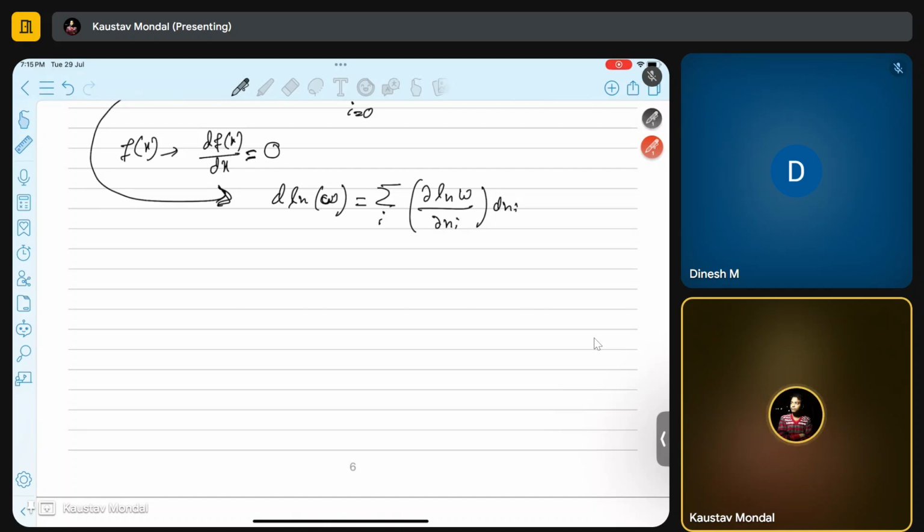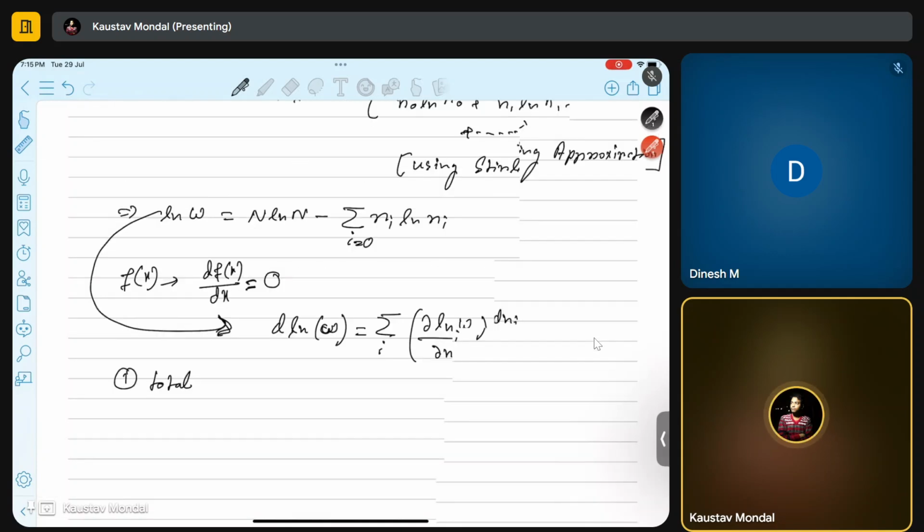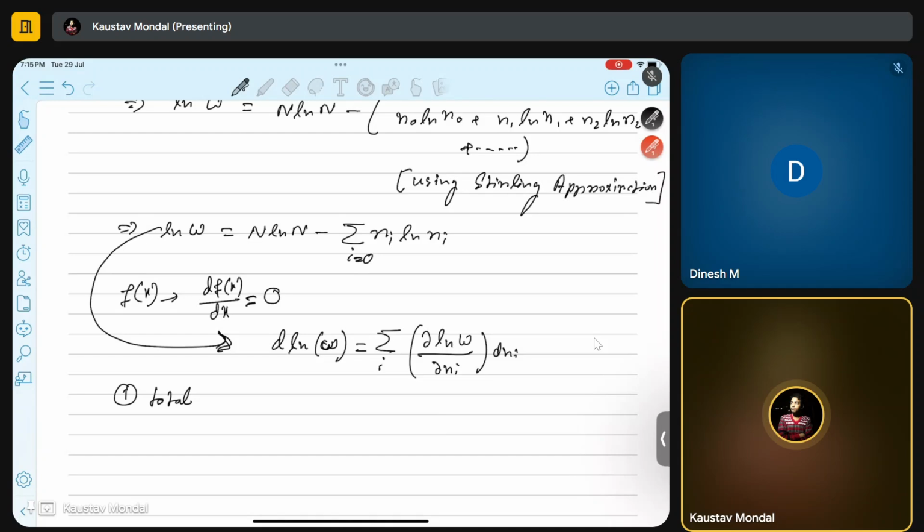There is some constraint in the system, right? So the first constraint is... when you find the maximum of a function, it is always important to also consider the constraints in the system, because in that weightage function the constraint is not there, right?